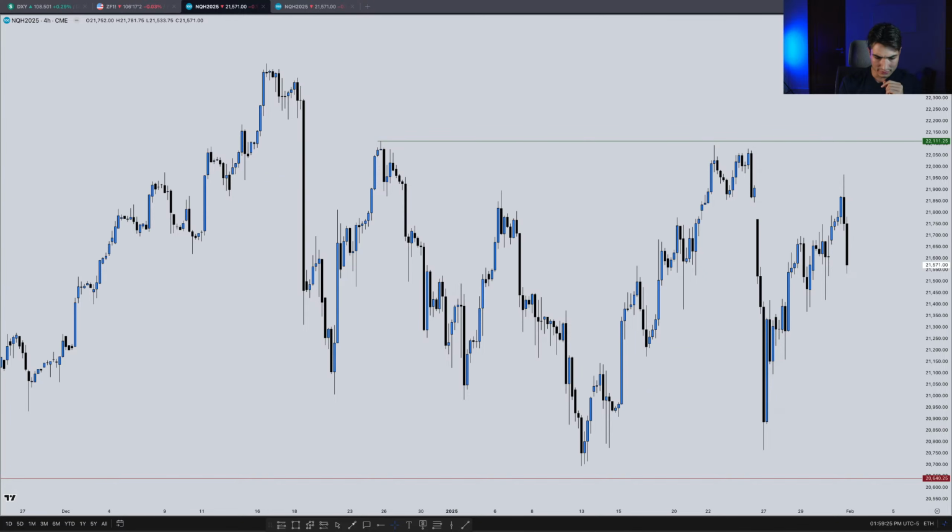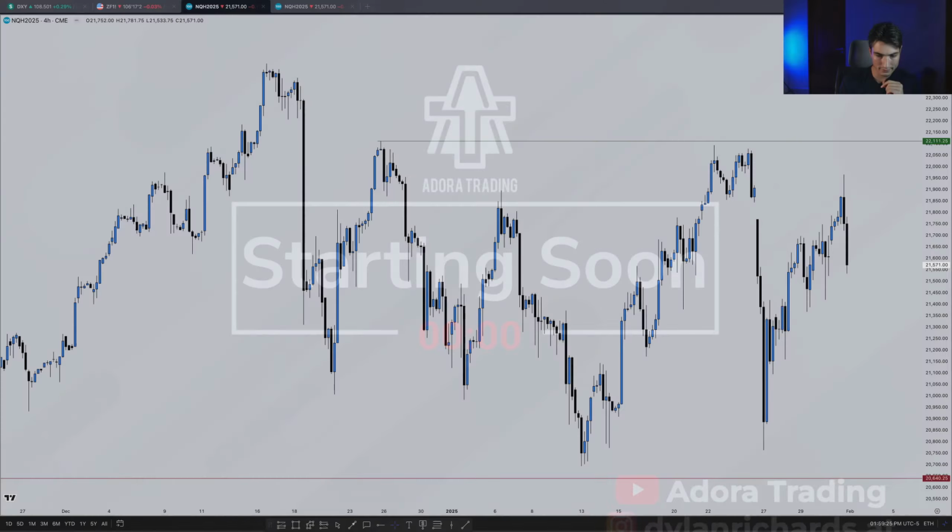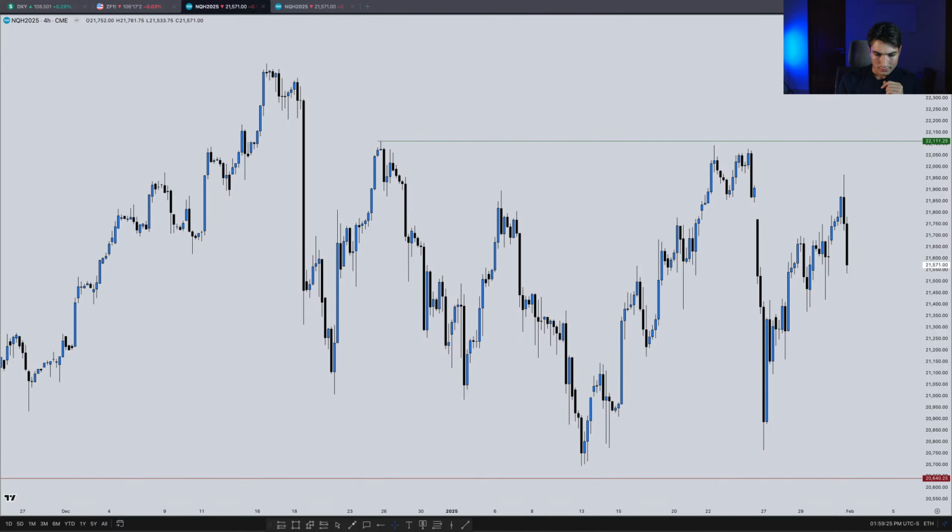So I believe the screen is frozen. All right, one second. What do I do? All right, one moment, guys. Sometimes OBS will stay on the screen that I'm sharing and it won't let me change it. Let me get in touch with my tech guy here real quick. Yeah, I know you can see the 4-hour NASDAQ chart, but I'm actually showing US dollar. That's the problem. Appreciate the heads up, though.